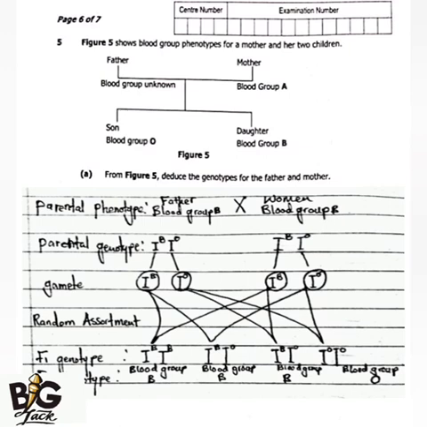And remember, the father here is having blood group B as heterozygous, and the mother is also having blood group B as heterozygous. So the alleles for a blood group are capital letter I, and then you put the blood group on top. So on the first one, we are going to have capital I to the power B, capital I to the power O. That is for the father.